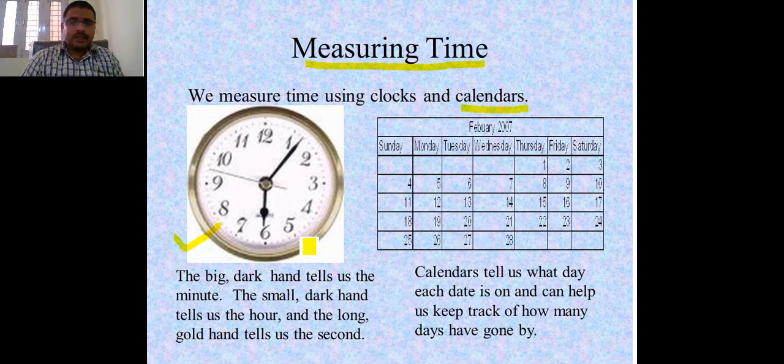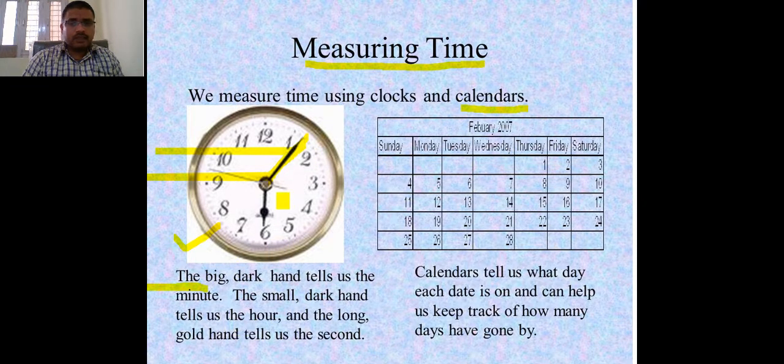And the big dark hand tells us the minute. The big dark hand, this one, is the minute hand, and the small dark hand is our hour hand.